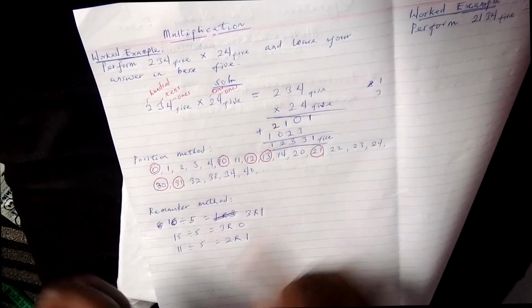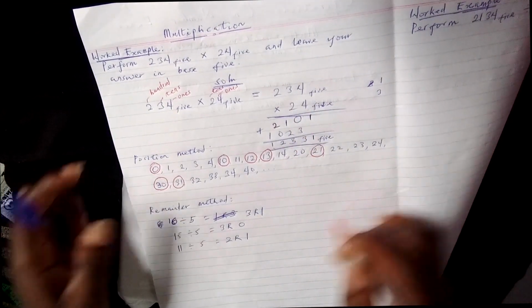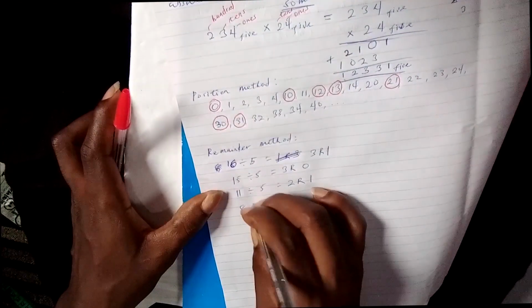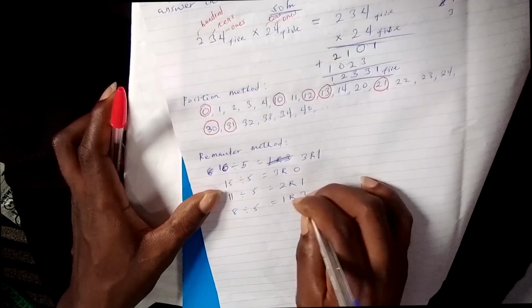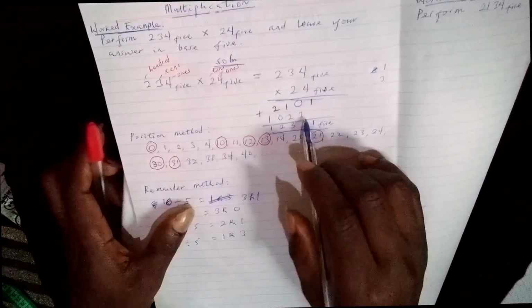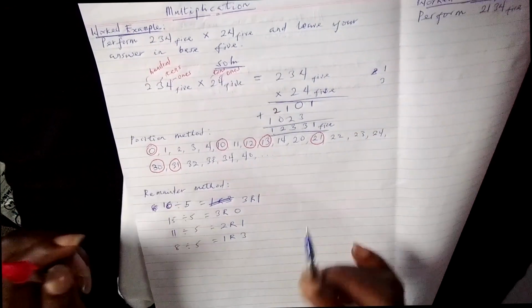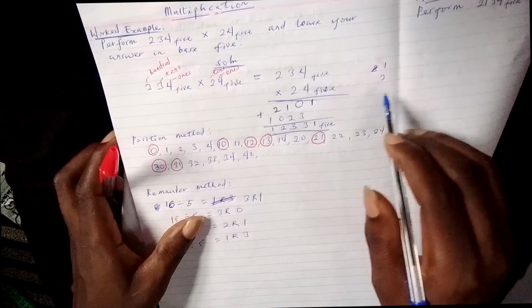Using the 10th value, we have 2 times 4, which is 8. 8 divided by 5 is equal to 1 remainder 3. That is the reason I wrote 3 here, and the remainder 1 is also here. 2 times 3 is 6. 6 plus 3 is 9.